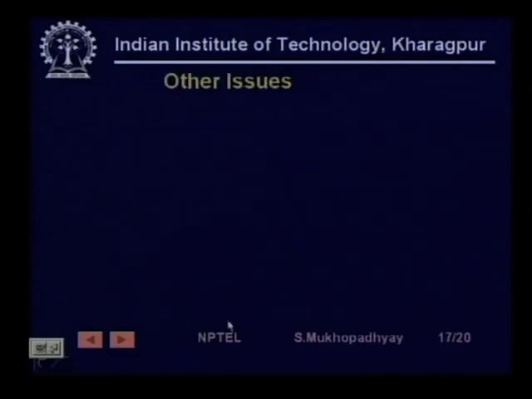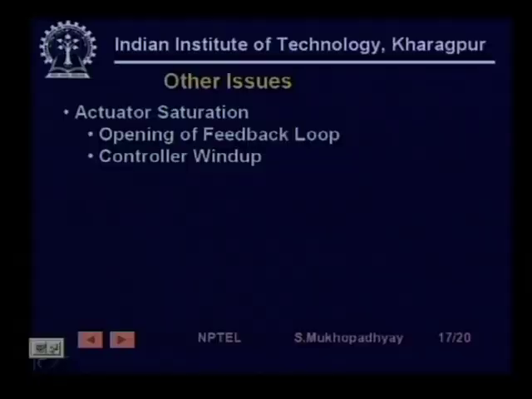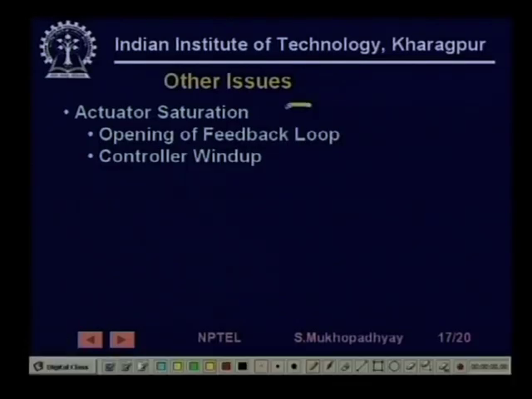Now let us look at some other issues. We have to remember these things, because they are very practical issues and we possibly did not learn about these in our earlier controls course, where we treated things rather ideally. We must remember that some non-idealities exist. For example, very often there can be actuator saturation.